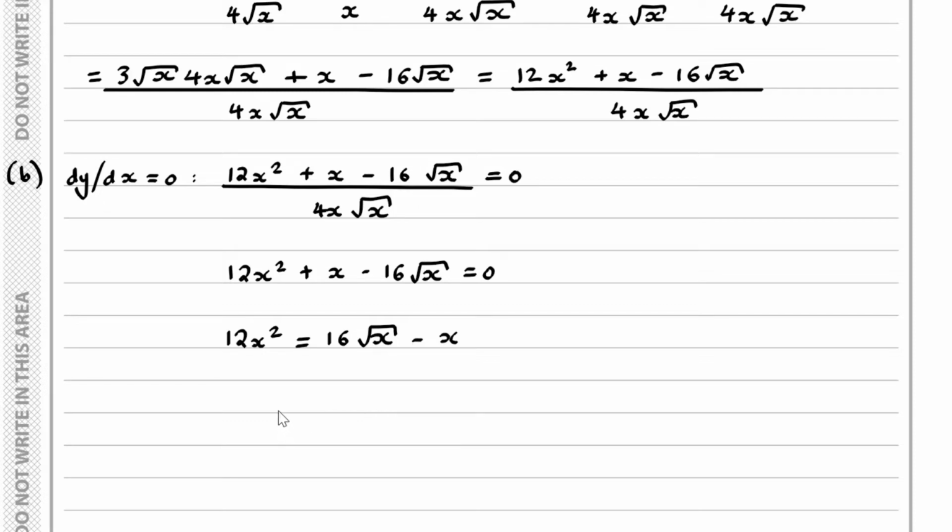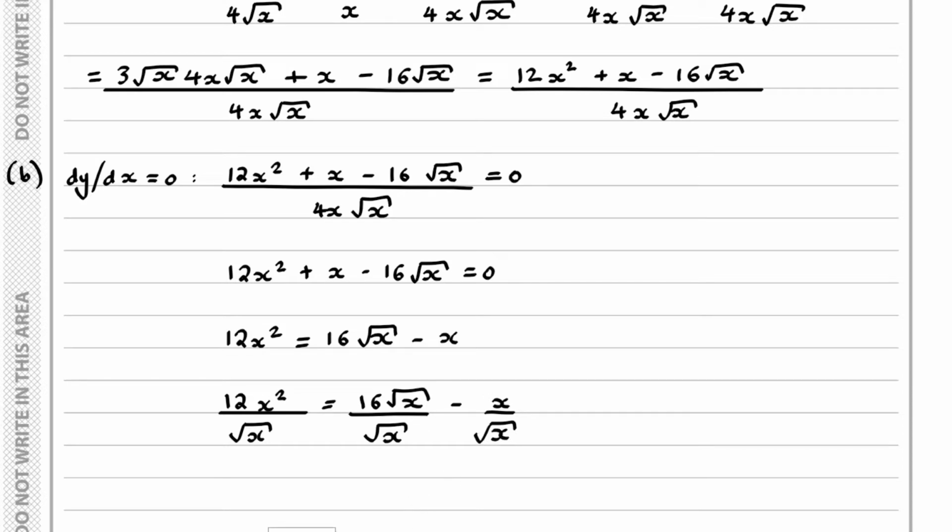So if we do that, we have 12x squared divided by root x, and this is equal to 16 root x divided by root x minus x over root x.